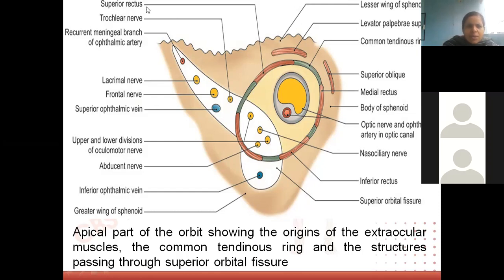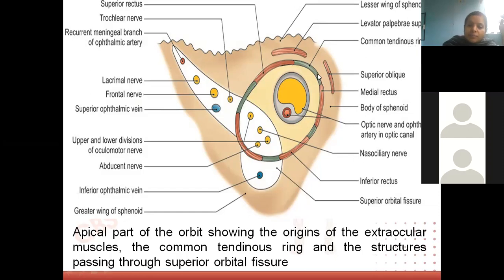See here, what are those? We have superior rectus and inferior rectus. Near the midline, we have medial rectus. Away from the midline, we have lateral rectus. It's not labeled like this. All four recti muscles originate from this common ring. What is this? Common tendinous ring of Zinn.